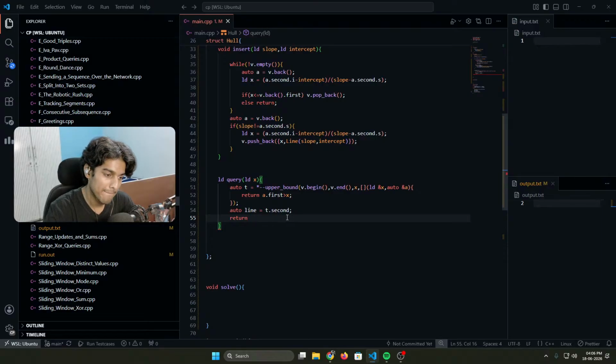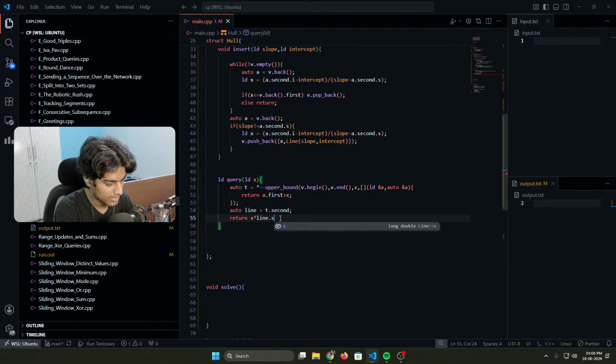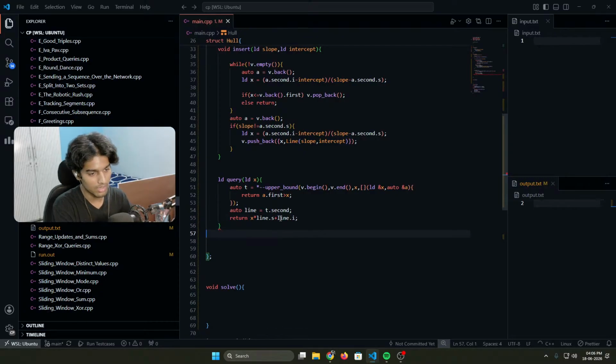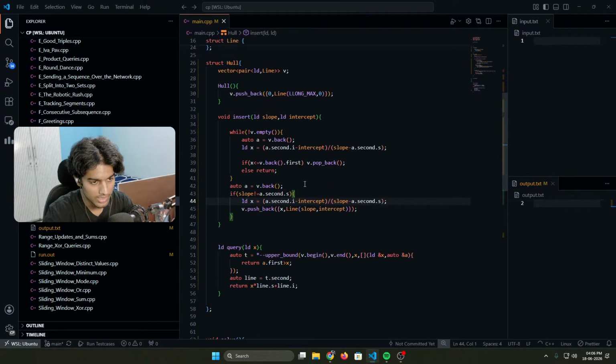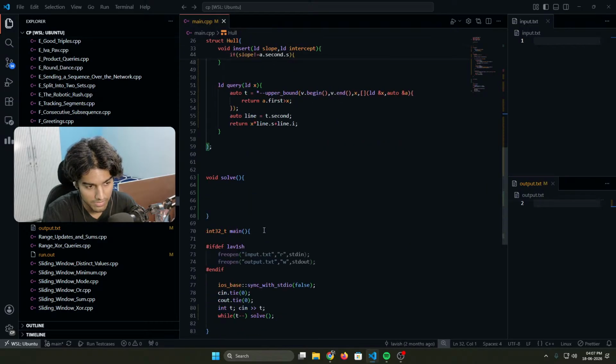And the value is going to be x into line dot slope plus line dot intercept, and we are good. So both things are sorted. I think there might be some mistake here. I'm just not sure about that. So like that is it.